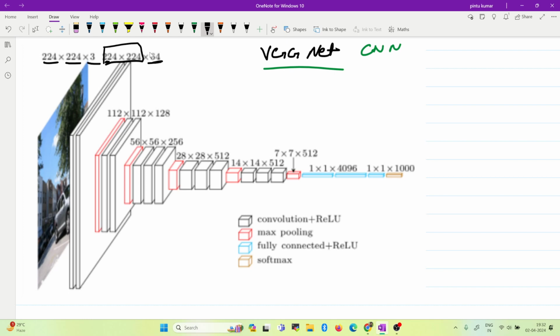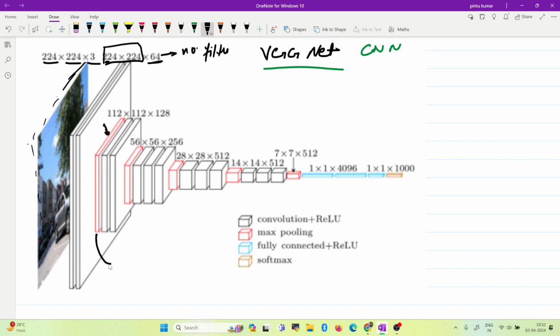Okay. So they have not reduced the size. Probably they have done some kind of padding over here so that the size does not reduce. And they have used some filters to get exactly the same size, 224 cross 224 cross 64. So this is the number of filters. Okay. You can see this layer is max pooling.